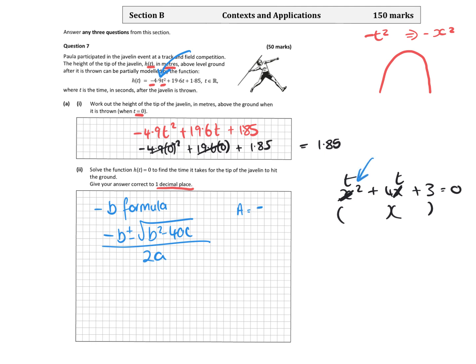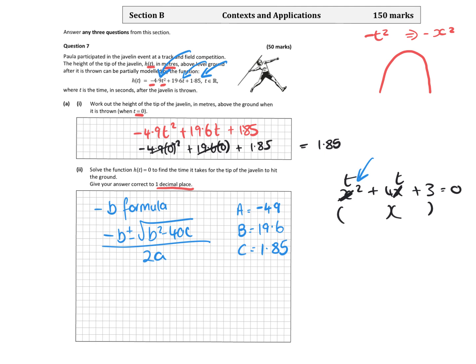So in this case, it's minus 4.9. Your b is the number in front of the letter on its own. So in this case, it's 19.6. And your c is the number on its own. So my c in this case is 1.85. I'd have expected everybody to have gotten that. We have looked at that very recently.